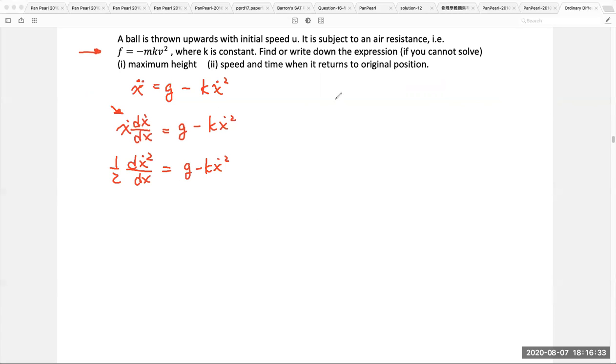Or you can check it by using the product rule. Actually, if you put the x dot on the left hand side, you can see why.